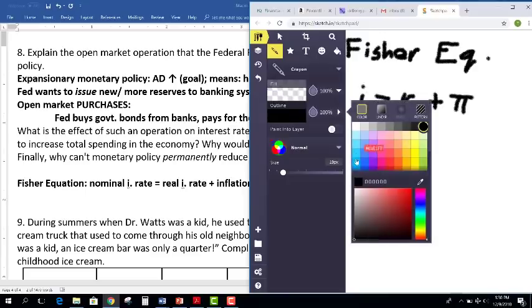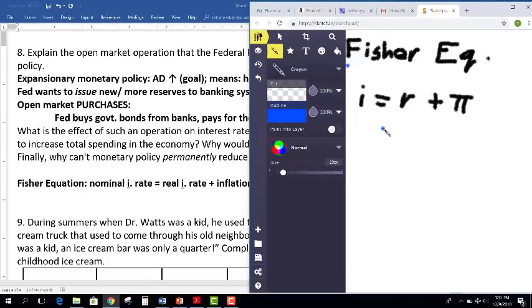So let's start off with, let's say we have an inflation rate of 2%. Let's work backwards here. 2% inflation plus, let's say, 2% real interest rate.